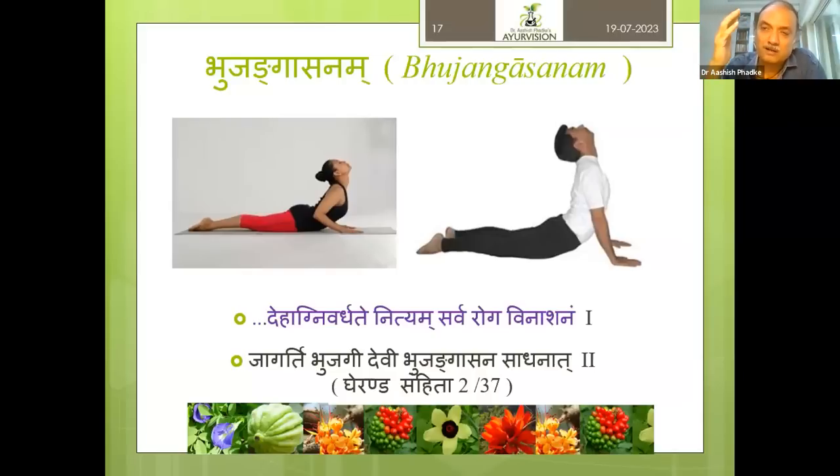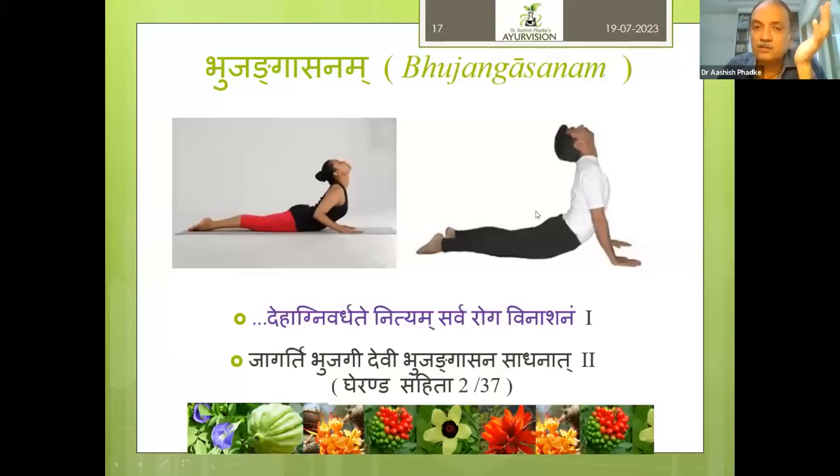Your metabolic activity becomes much better, so you will not have anything like metabolic syndrome, and automatically you will be away from diabetes or hypertension or PCOD or things like that. So this is the importance of Bhujangasana, though we usually recommend Bhujangasana for low back pain.